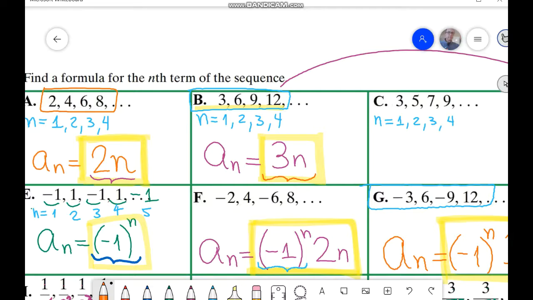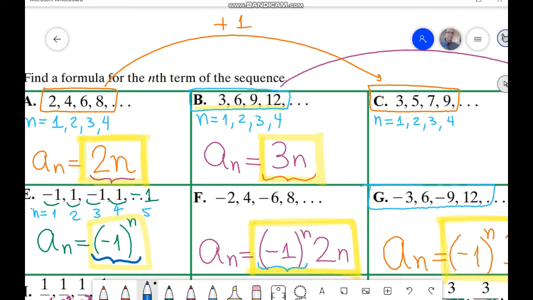Okay, compare letter A with letter C. And I think we can make sense. Look, 2, 3, 4, 5, 6, 7, 8, 9. The sequence from letter C is the same sequence from letter A, plus 1.